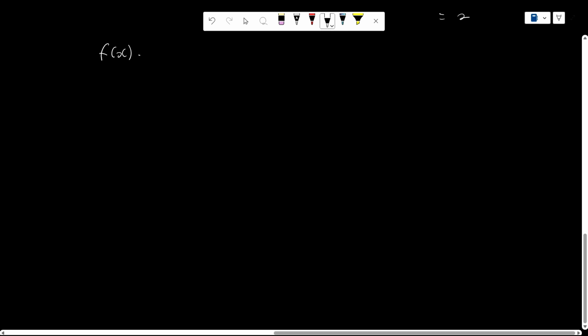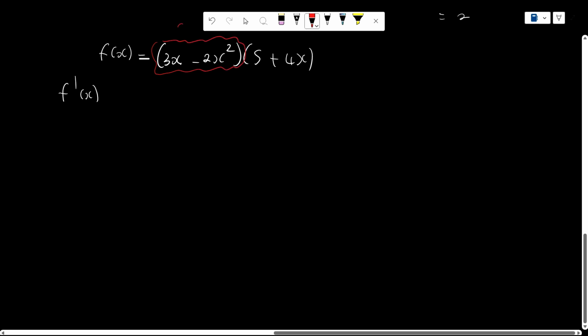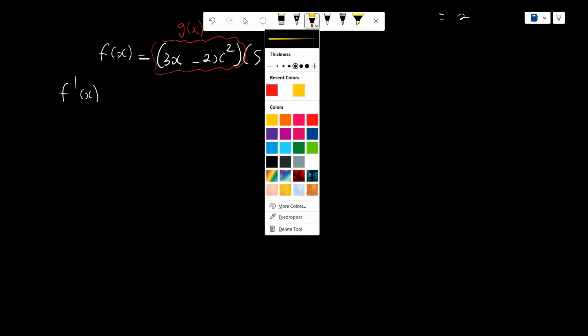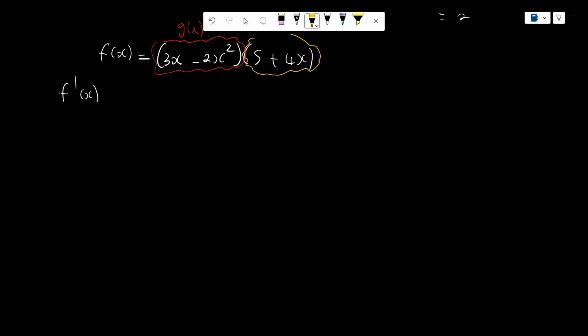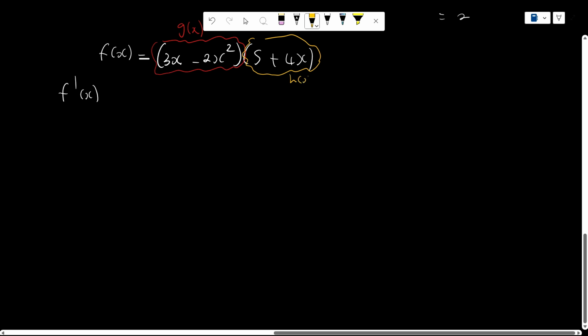So let's say we have f of x is equal to 3x minus 2x squared times 5 plus 4x, right? Go ahead and try this on your own, and let us see. So f prime of x, again here we have this function which is g of x, and then we do have this function as well which is my h of x.